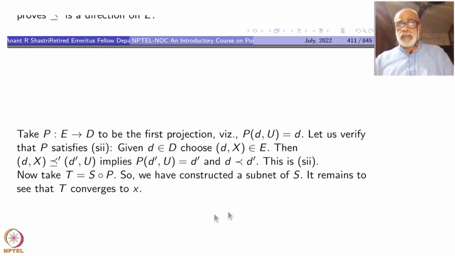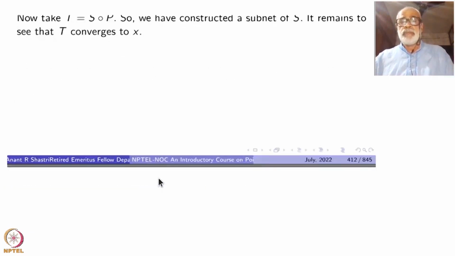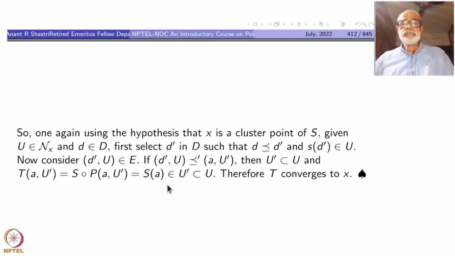All that is fine, but we have to verify that this T converges to X. Starting with a cluster point of S, we have got a subnet. I want to show that this converges to X, but that is not difficult.